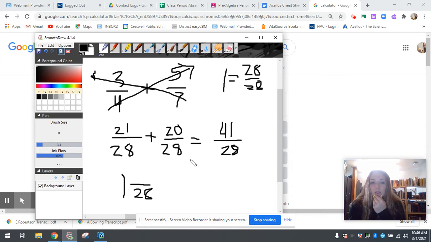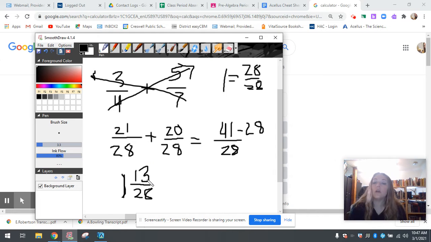Okay, so basically what I have here is I've taken 1/28 and I've set it off to the side. So then I'm going to subtract that 28 from the numerator, because that's essentially what I've done. 41 minus 28 is 13, right? Yep. So I'm left with 1 and 13 out of 28.